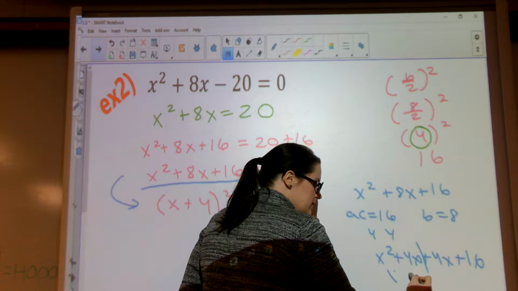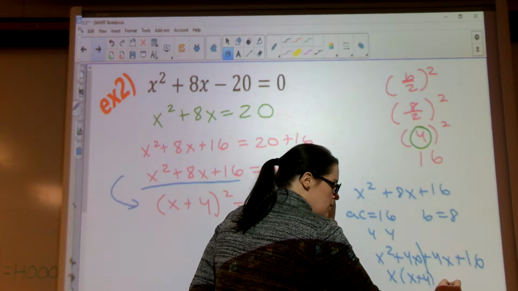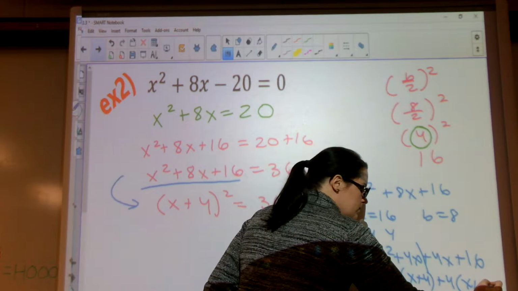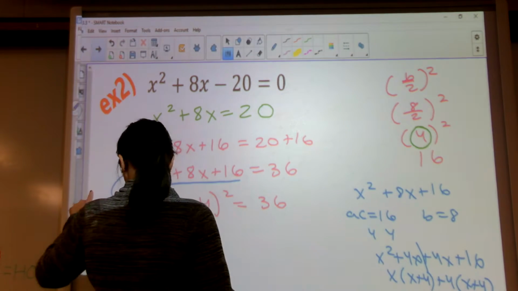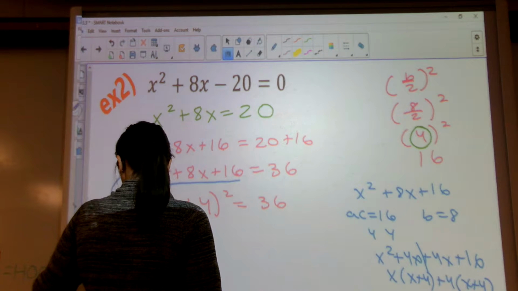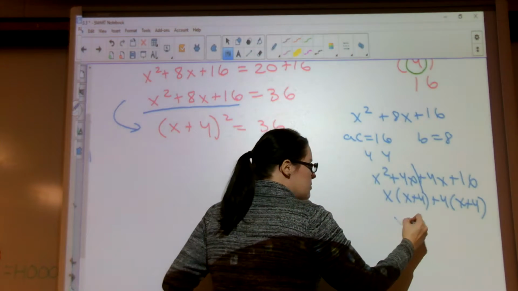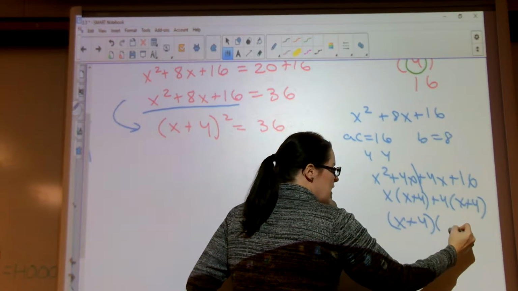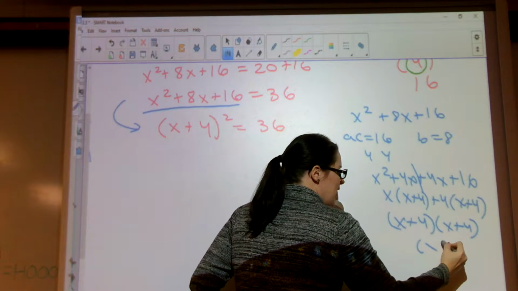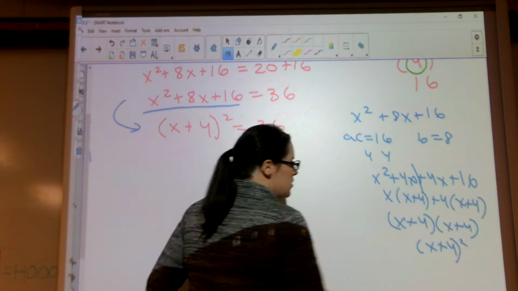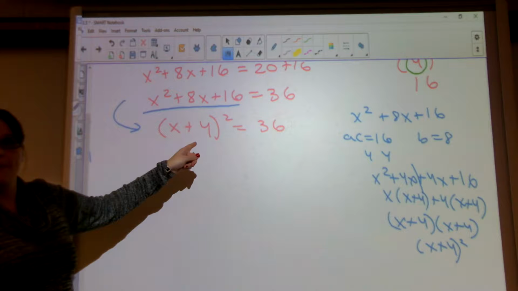Pull out an x. Pull out a 4. I get x plus 4 times x plus 4, which is x plus 4 squared. Bam.